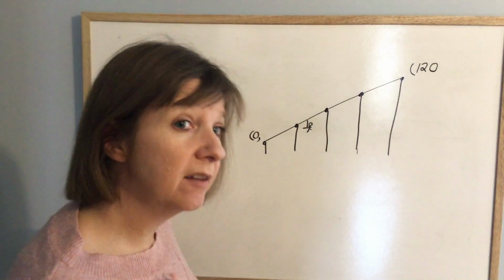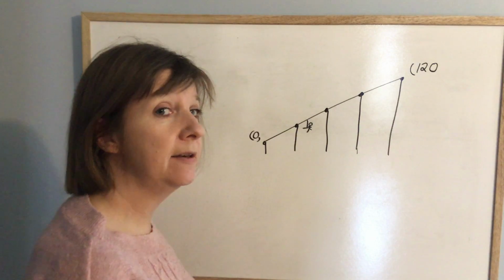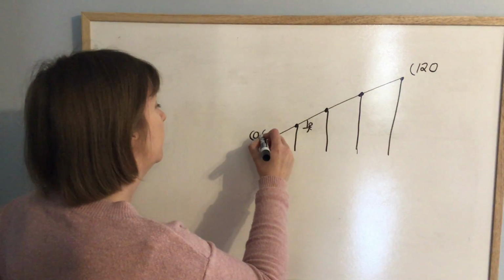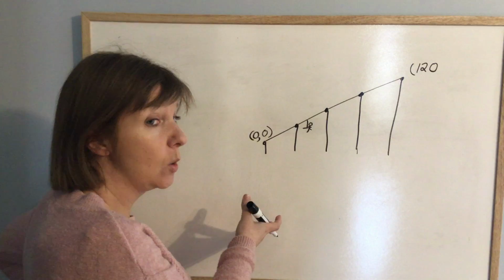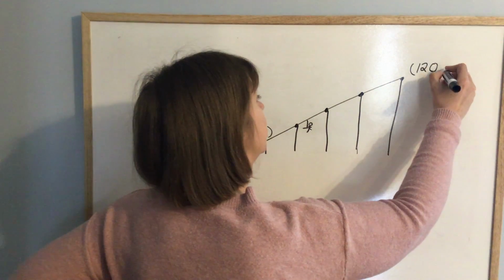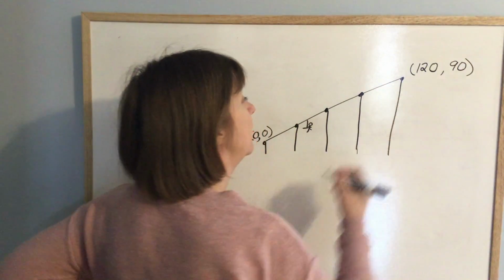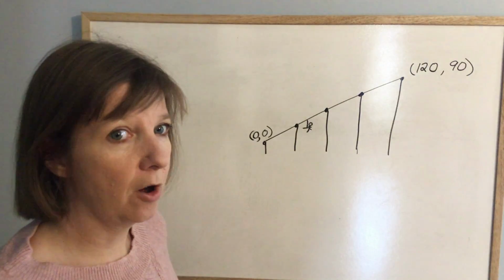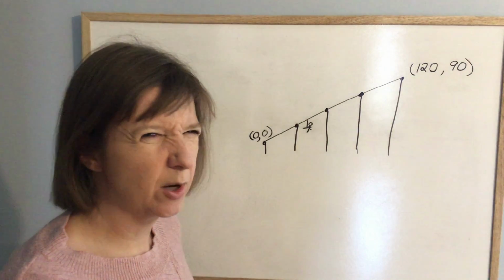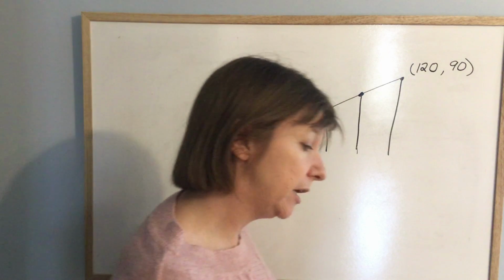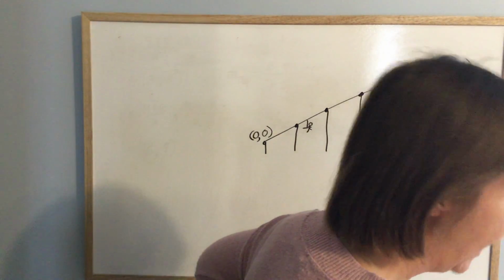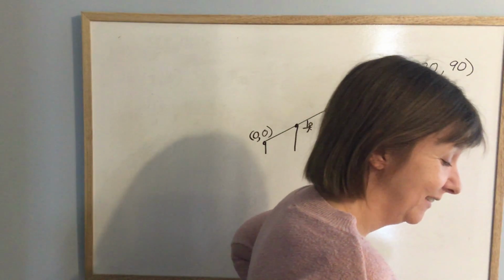And as he does that, he rises 90 meters vertically. So if we assume he starts at ground 0, he goes up 90 meters to the top of the hill. I don't think that's a very big hill, but maybe it's just a bunny hill. Any hill for me is bad.